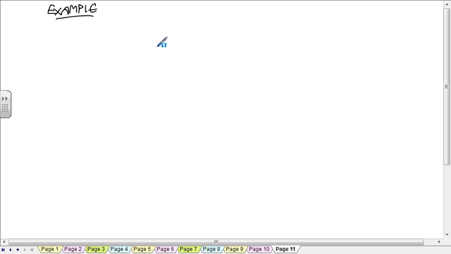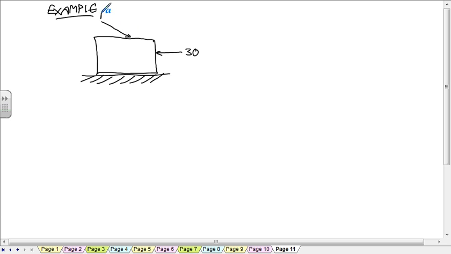Okay, so let's say that this block is on the floor. Say there's a 30 Newton force acting to the left.